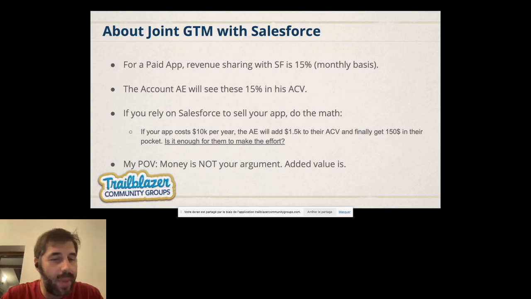If you do the math, if your app costs, as I write here, 10K per year, the account executive will add 1.5K to their ACV. And finally, they'll get 10% of this. So $150 in their pocket, roughly. They probably won't make an effort for $150. Keep that in mind.